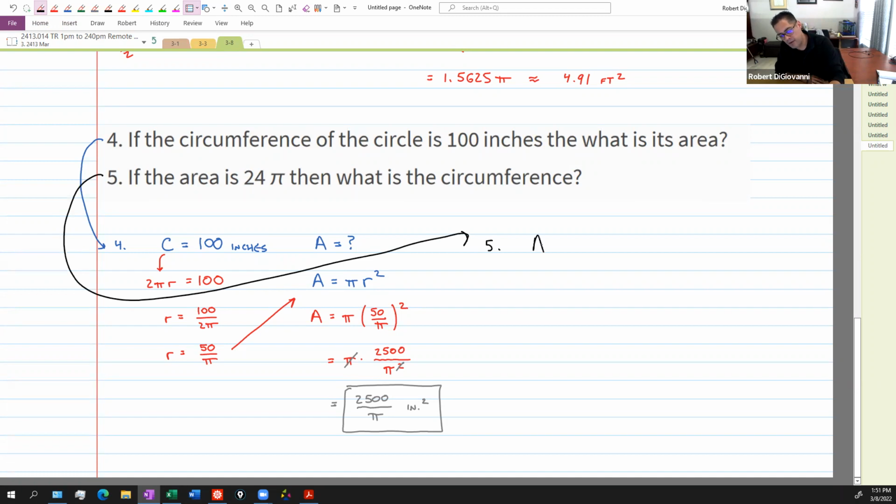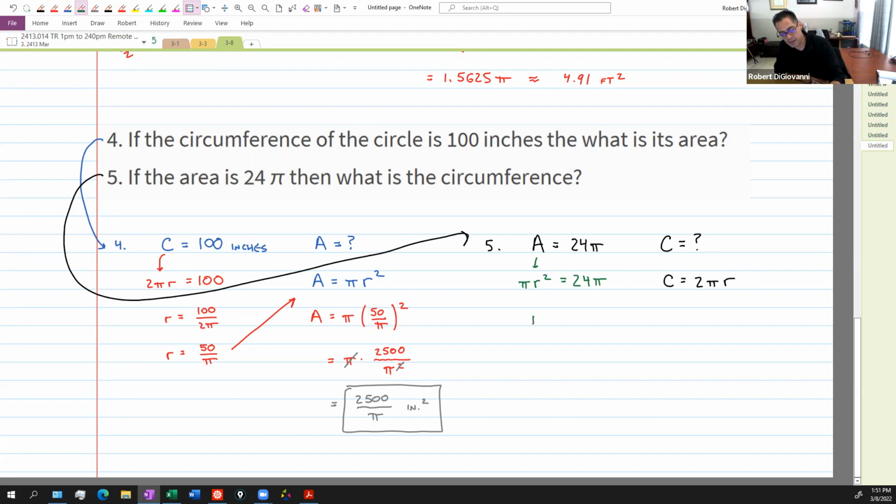The fifth one. I give you that the area of a circle is 24 pi. And I want to know what the circumference of that circle is. Well, circumference we know is 2 pi r, right? That was the formula for circumference, which means I need to know the radius. And here I don't have the radius, but I know that area is pi r squared, and that must be equal to 24 pi, right?